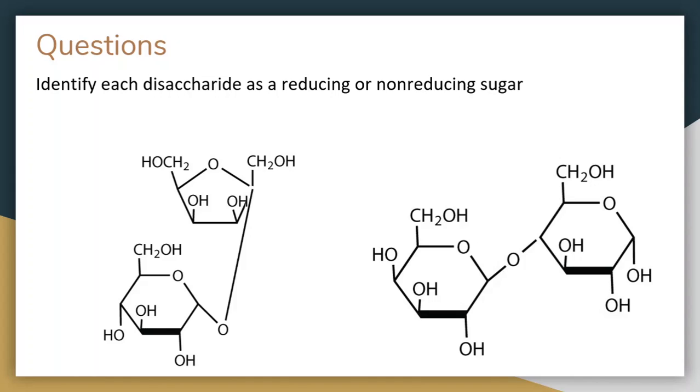This is another example. Here you have to identify whether it is a reducing or non-reducing sugar. A reducing sugar has a free aldehydic group. Here both the anomeric carbons are involved in the glycosidic bond formation, so this is non-reducing sugar.